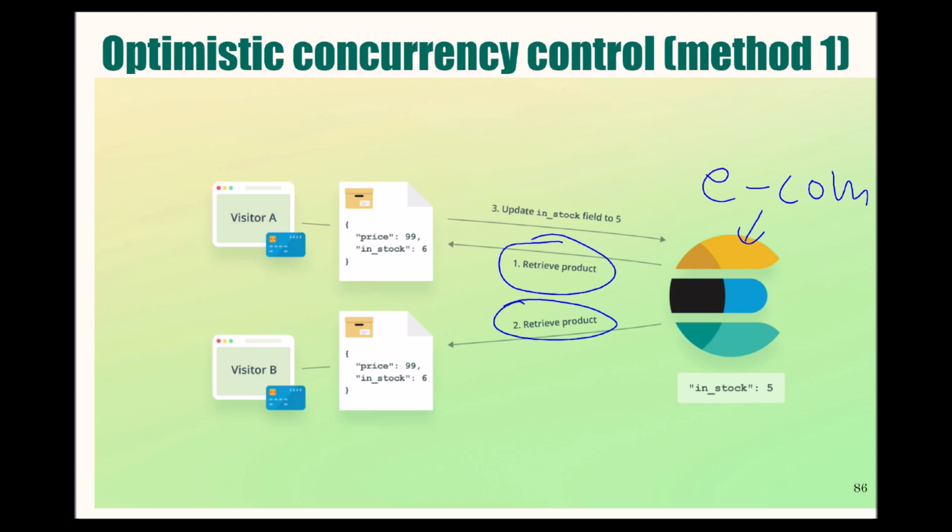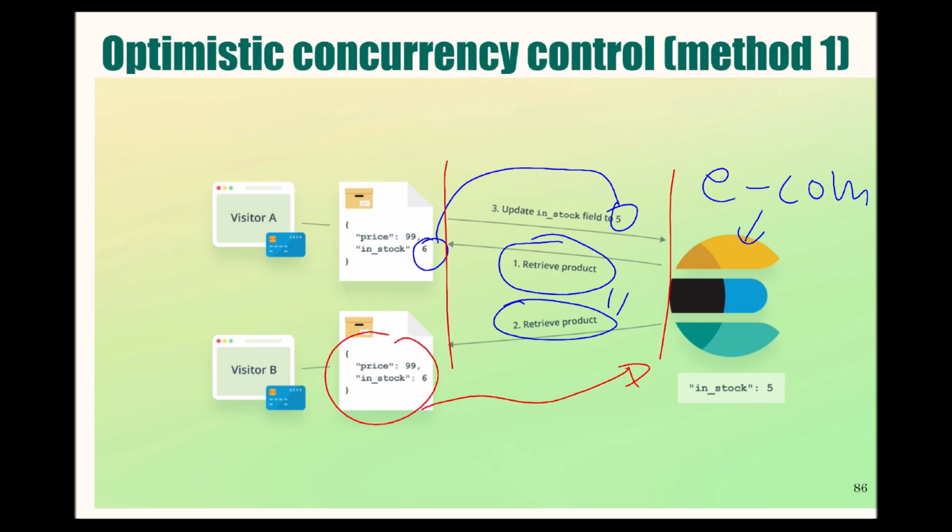The first user has bought the product, and if the stock is 6, it will be decreased to 5. And let's imagine that both operations occur at the same time. At the same time, the second user will be trying to get the stock number, and the stock number will be 6.